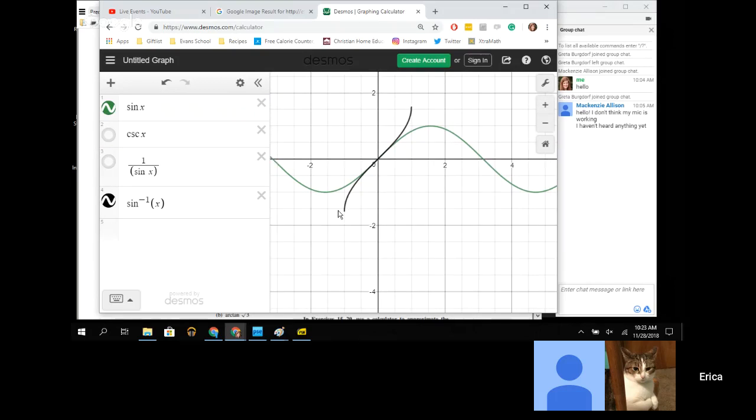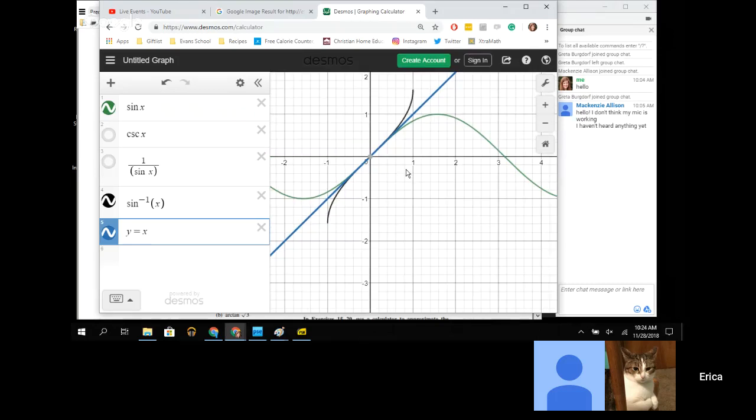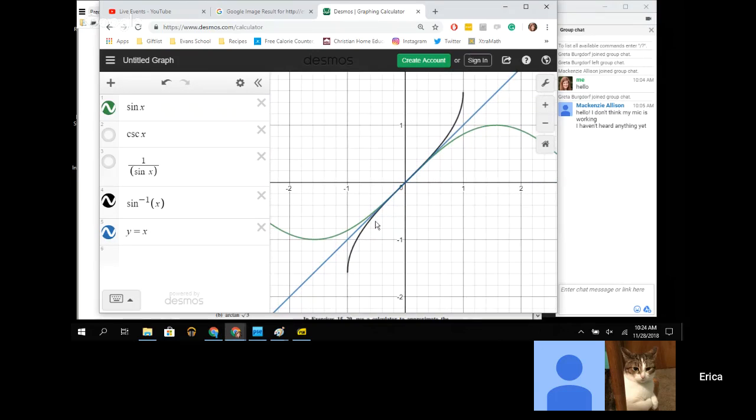The inverse function is the one that looks like this. You can see that it's this funny little curve here. And remember, our reciprocals always reflect across y equals x. So you can see how these reflect across y equals x if you graph it. Pretty cool. What's interesting about the inverse sine function is that it's only valid from, oh, where's our paper?